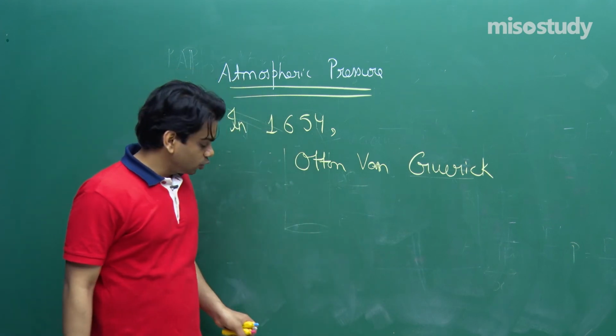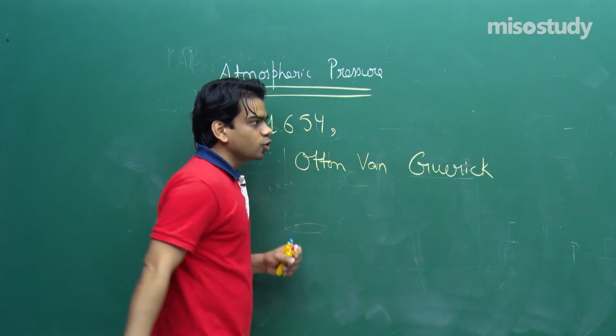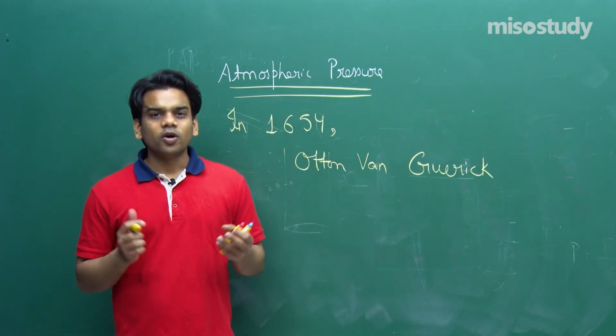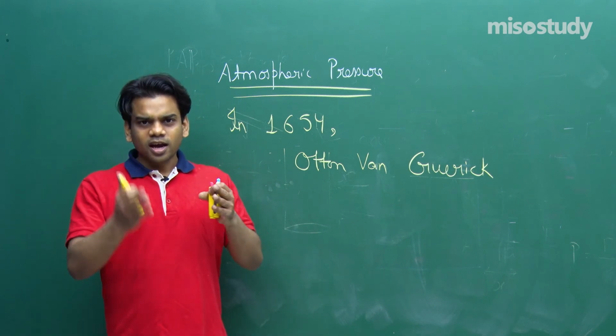This man, to have an idea about the atmospheric pressure, took two hollow spheres, and actually they were semi-hollow spheres. It was just half of a complete sphere.